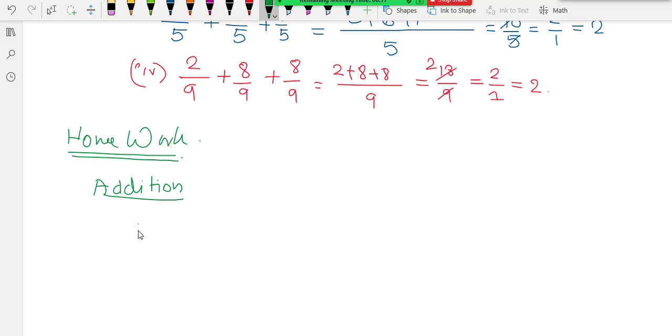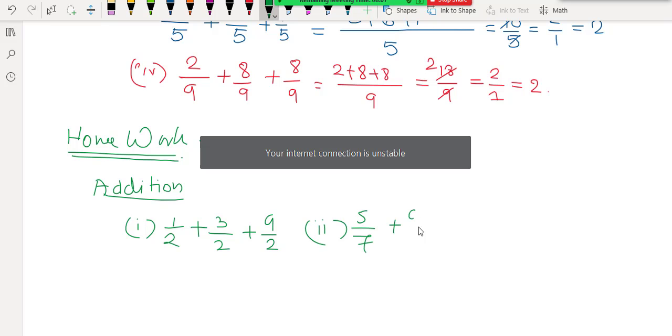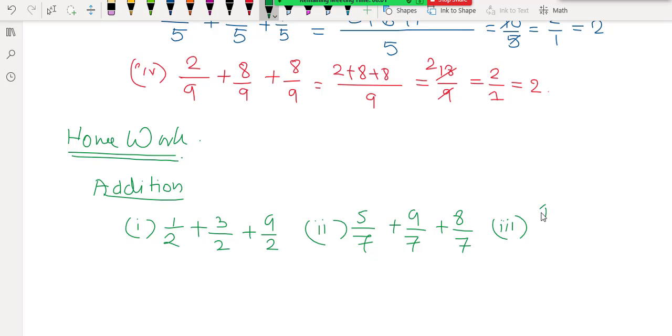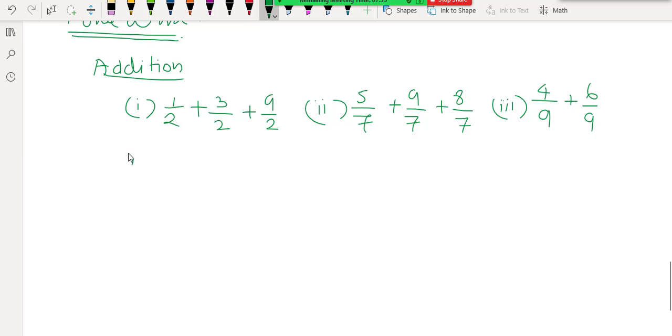Number 1, 1 by 2 plus 3 by 4. Number 2, 5 by 7 plus 9 by 7 plus 8 by 7. Number 3, 4 by 9 plus 6 by 9. Then the next, number 4.